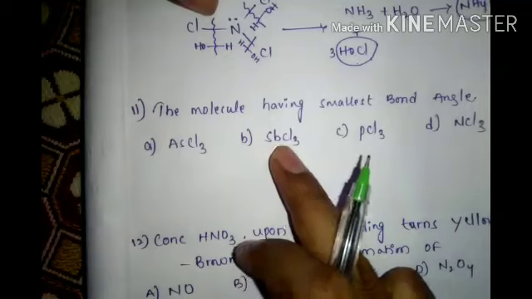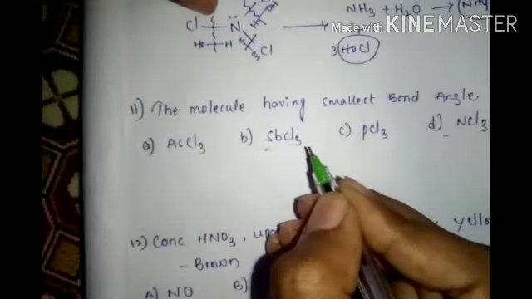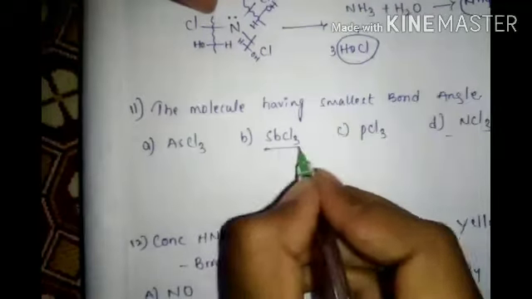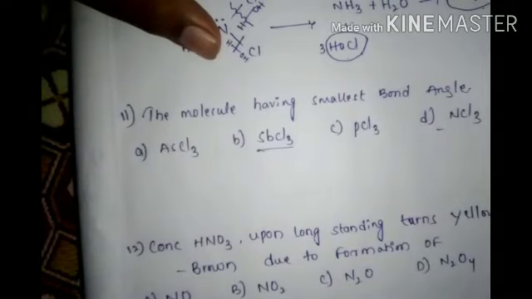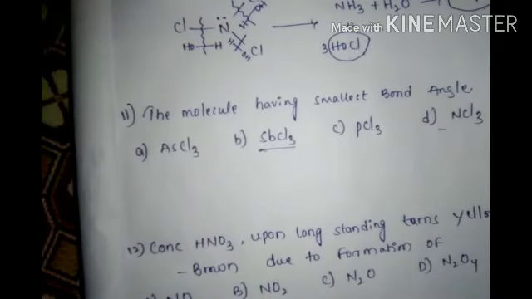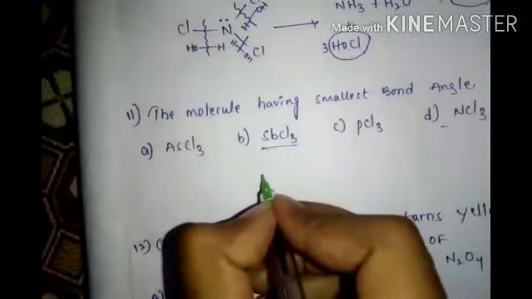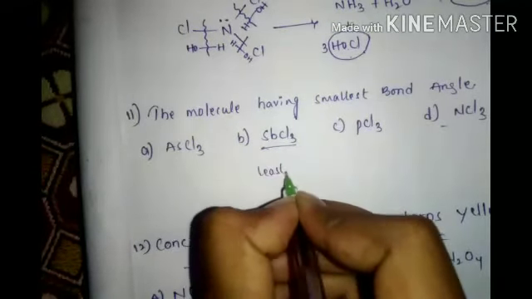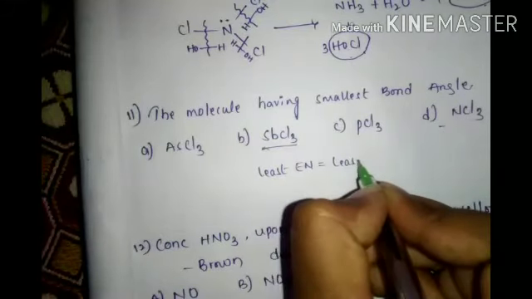The highest electronegativity is here, the least electronegativity is here. So the least bond angle is for this only. Molecules with the least electronegative central element have the least bond angle. Least EN equals least bond angle.